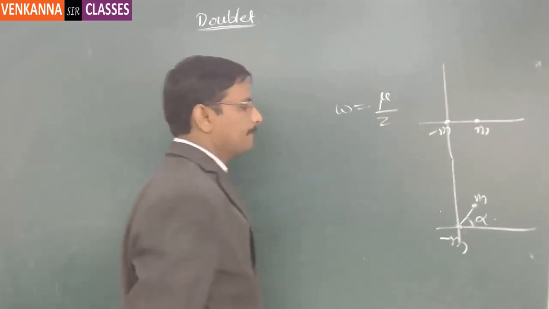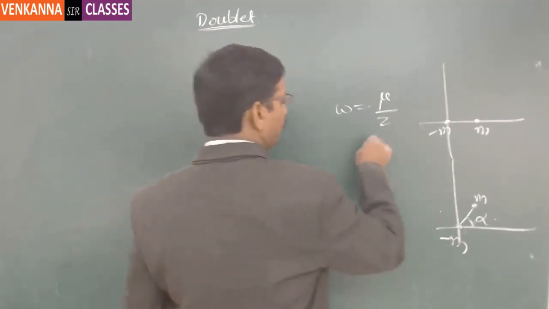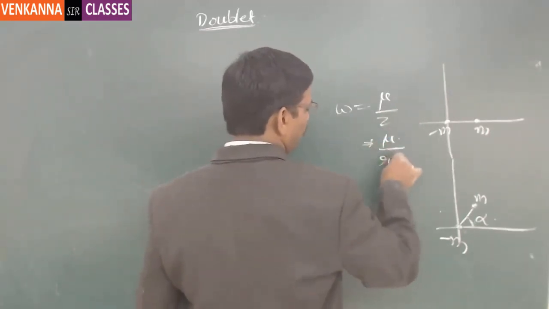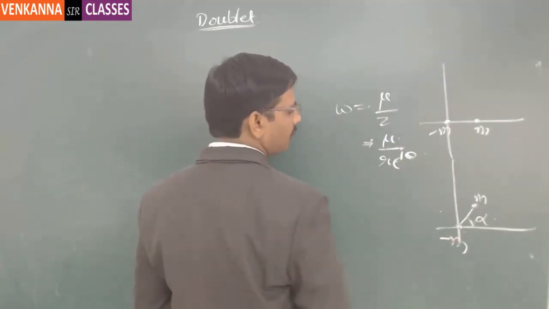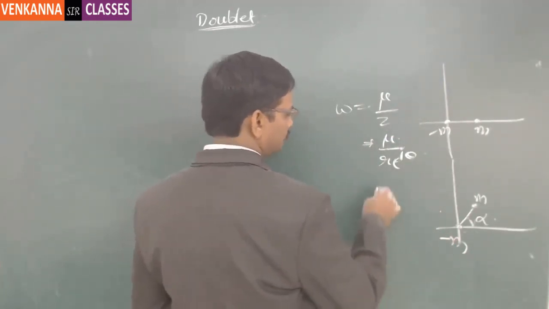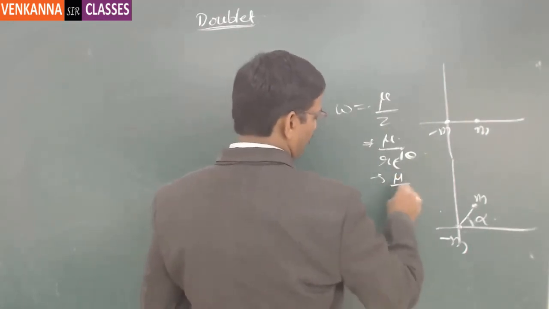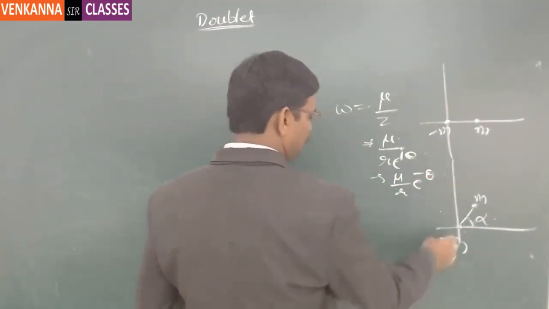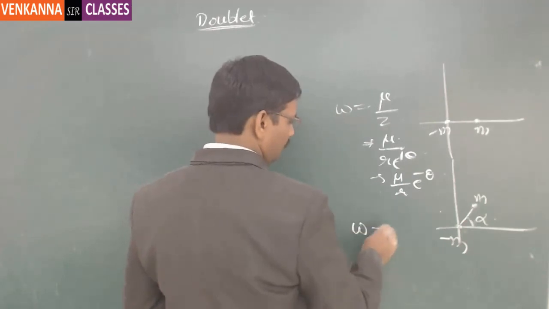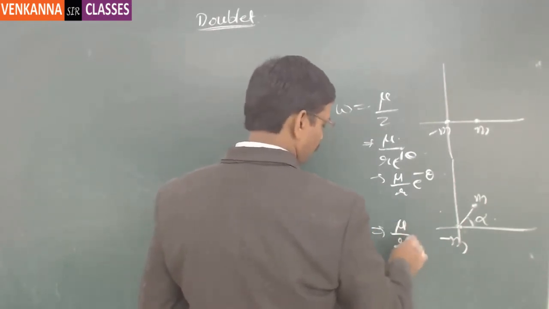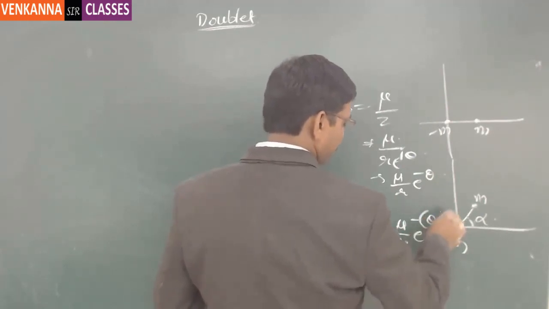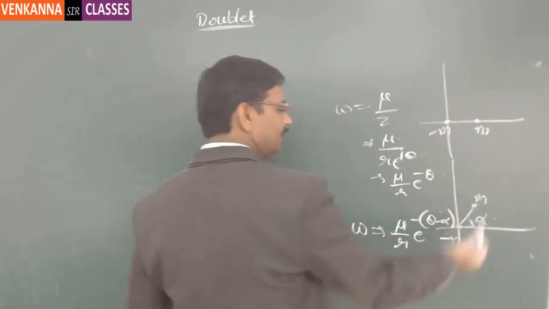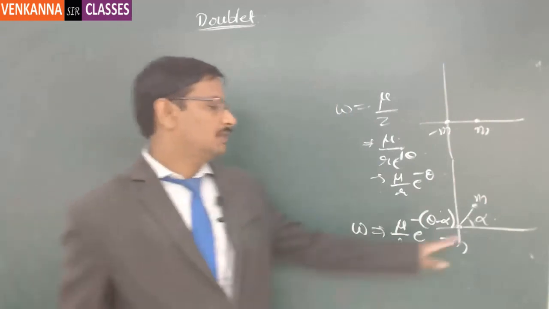Now here z can be written as r e power i theta. So if you want to model the complex potential at this point, this is mu by r e power minus i theta. So you can model it as w is equal to mu by r into e power minus i of theta minus alpha, because you are tilting this doublet by an angle of alpha.